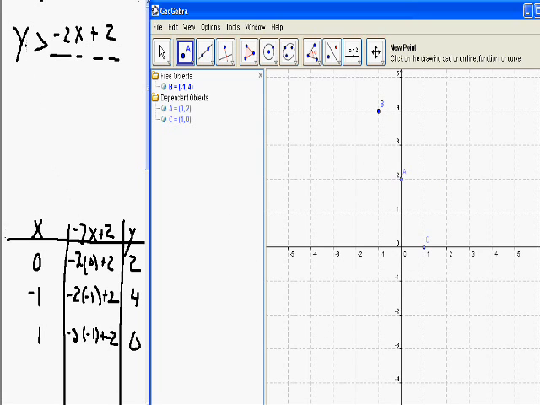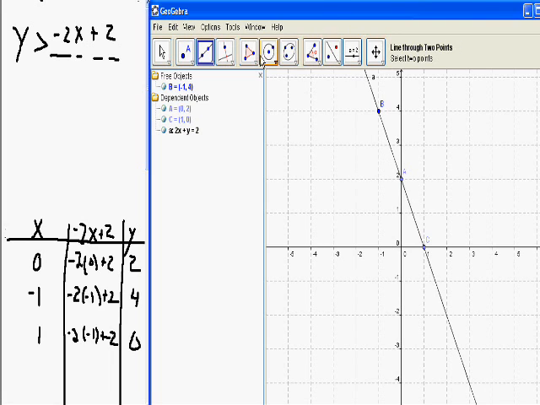So I have found my boundary line. I don't want the points where y equals negative 2x plus 2. I want either all the points above the line or below the line. So let's go ahead and make our line through those points. But I don't want the points on this line in my graph.